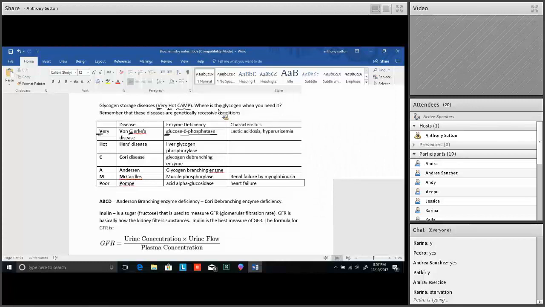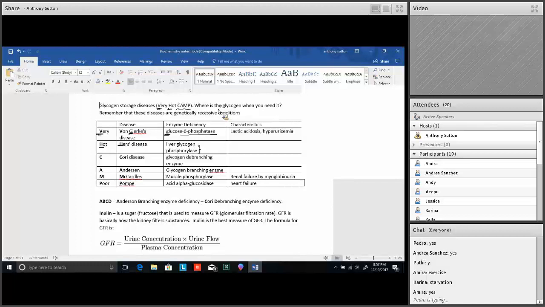So on a multiple choice test, if I see Gierke's, all I'm looking for is something with glucose. Everybody follow me? And I keep moving. Okay, now watch this. The H in hot is for Her's disease, H-E-R. When I think of HER, the problem is a phosphorylase. Okay? The problem is a phosphorylase. I'll tell you that in just a second.